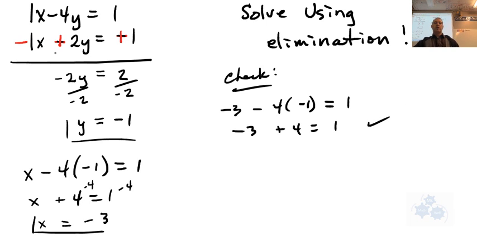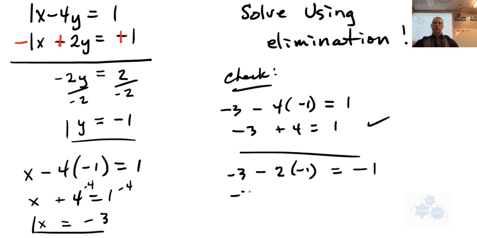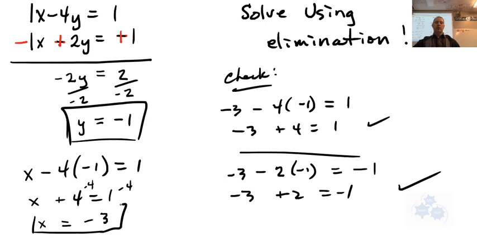The second original equation was positive x, so I'm going to put in negative 3, and it was a minus 2y. So let's use the original equation. Minus 2 times negative 1 equals negative 1. So negative 3 plus 2 equals negative 1. Does that look true? Yes. So we are very confident now that these are our true solutions, and that's using the elimination method.